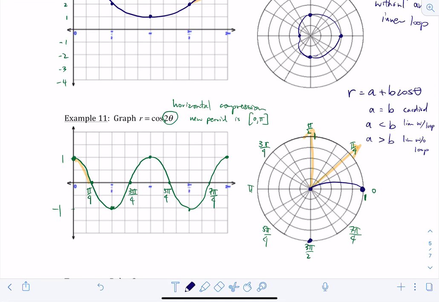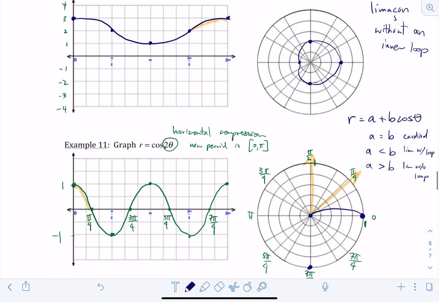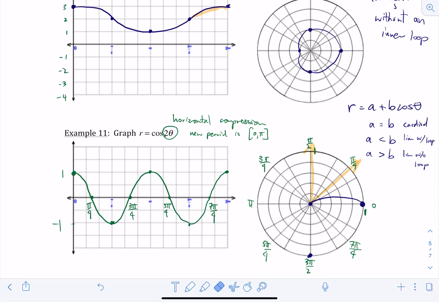That takes me here. And as we can see, this leg of the graph is negative. That means you're going behind yourself. So when you go behind yourself, it looks like this. Okay. That's handling the case where I went from pi over 4 to pi over 2.